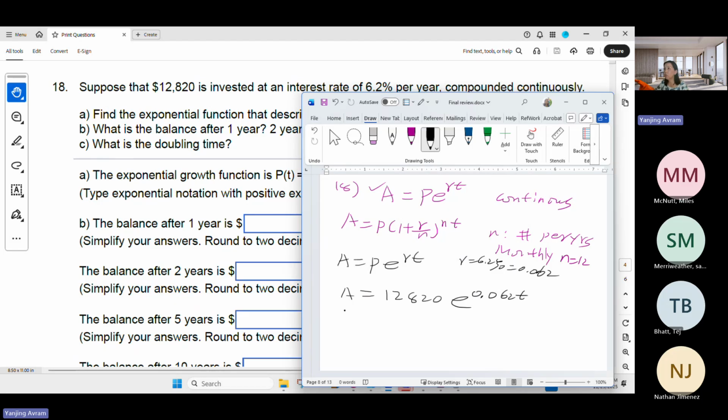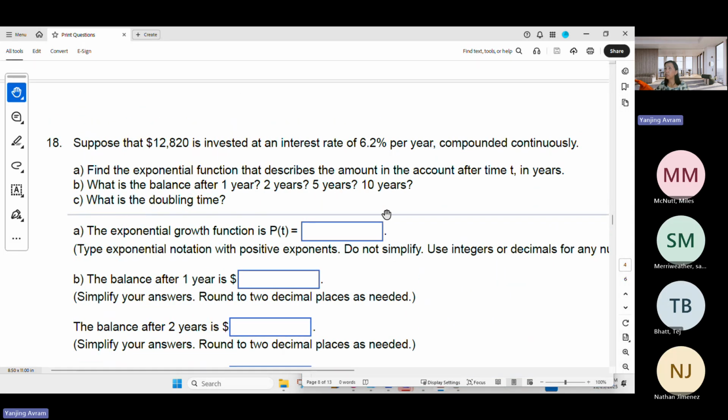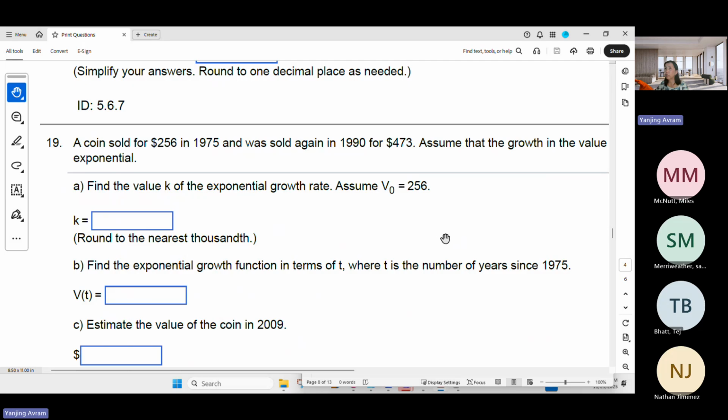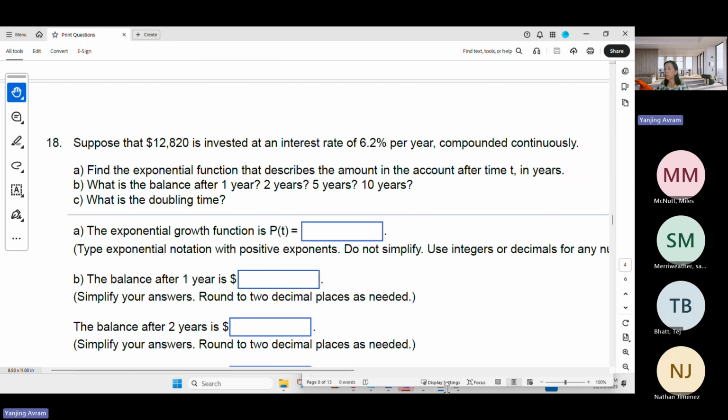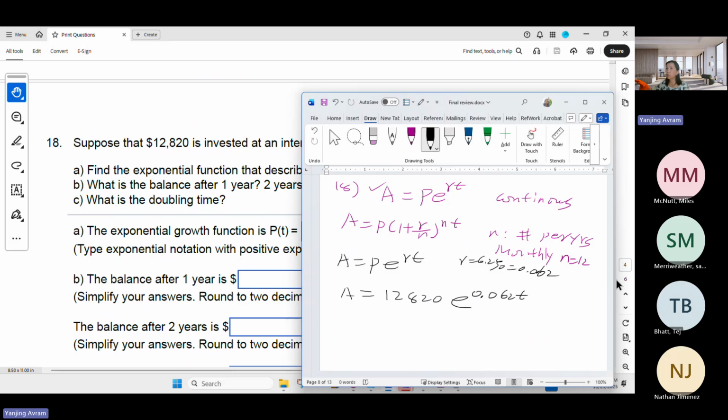That is your equation, your exponential equation after t years. Then you can put t equal to 1, 2, 5, 10, whatever, into the calculation.